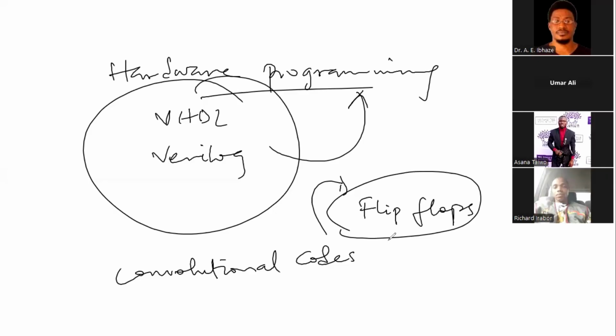Okay. So we now see that our regular circuits, the AND gates and OR gates and all of that, are simply transistor devices put together.